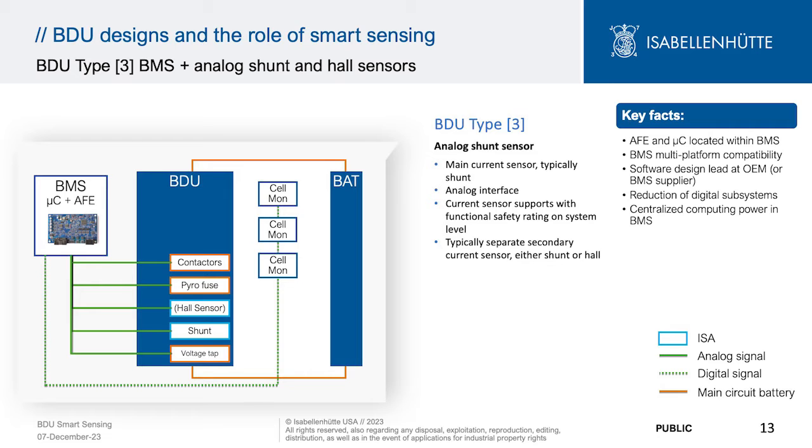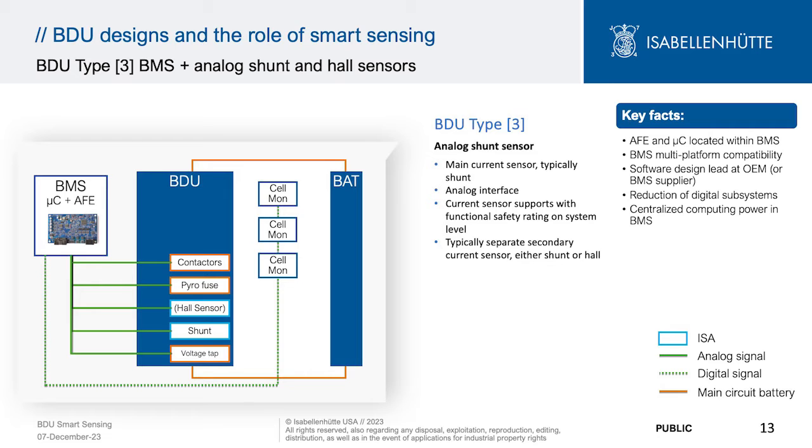This current sensor could also be designed as a dual channel solution, which means it could have either a shunt and a Hall channel in one module or even a dual shunt solution that would basically have two different, independent sensing paths in one module that would also allow for a higher ASIL rating on system level with those two analog signals coming from one module.